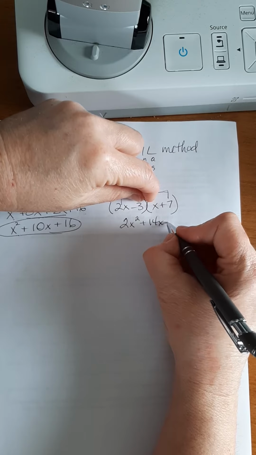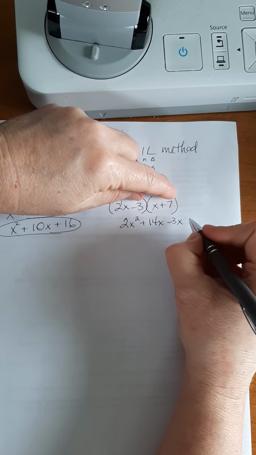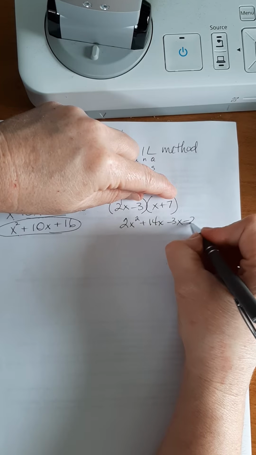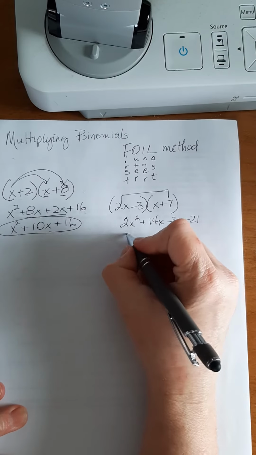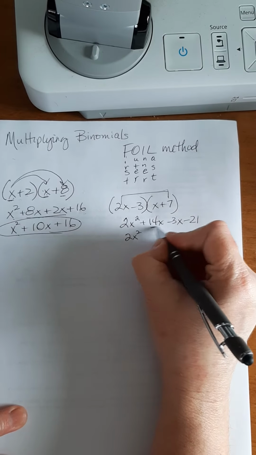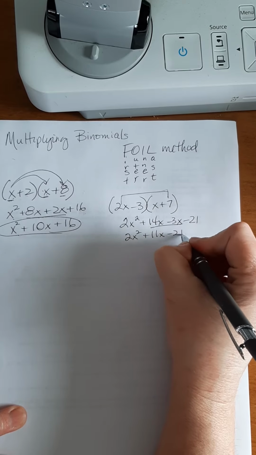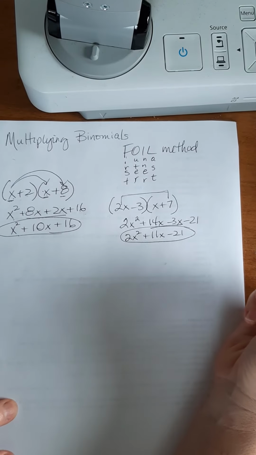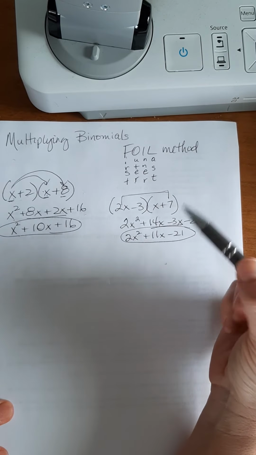Inner terms, negative 3 times x. Last term, negative 3 times 7, negative 21. Once you get there, see if there's anything you can combine. The middle terms, plus 11x, minus 21. And so those will work on anything.